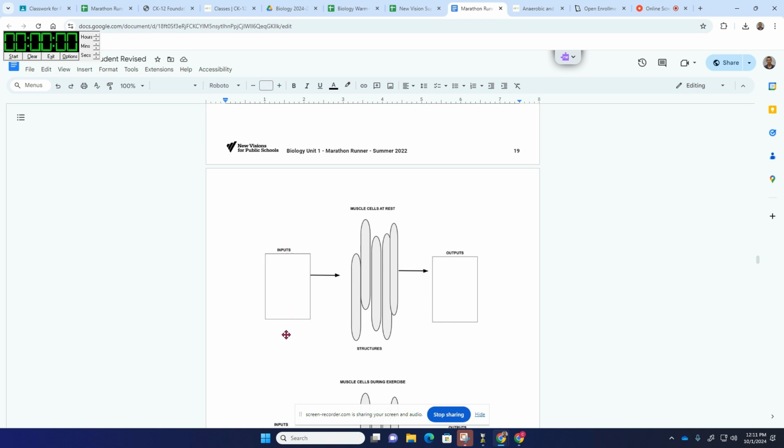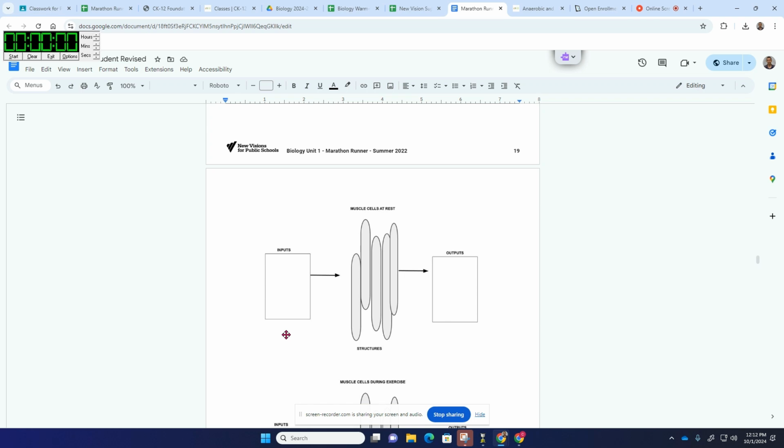So the easy thing about muscle cells when it comes to exercise is that the same things that are going into our body and out of our body are the same things going in and out of each individual cell. In fact, the reason that we bring these things in and out of our body is because our cells need them to go in and out of each cell.